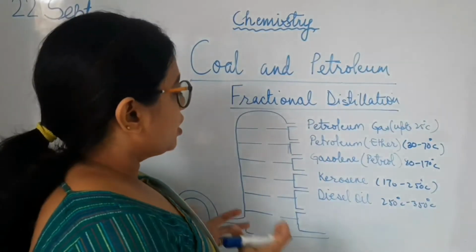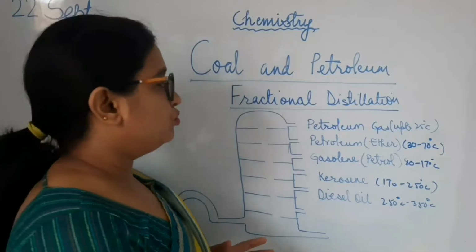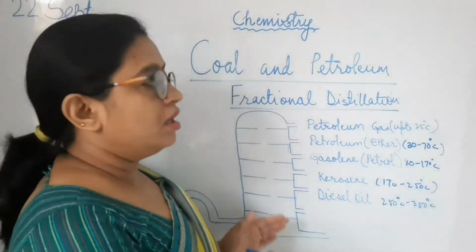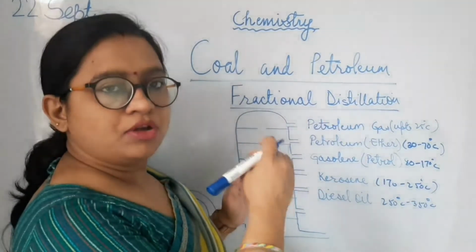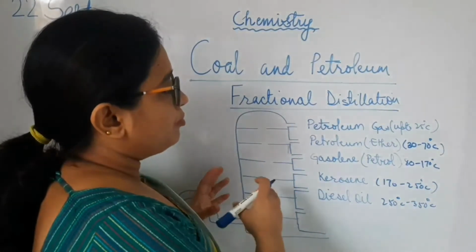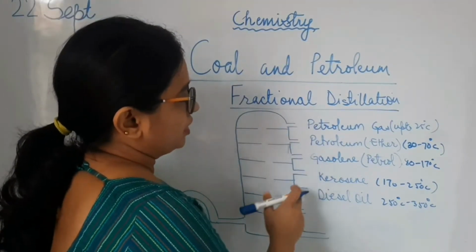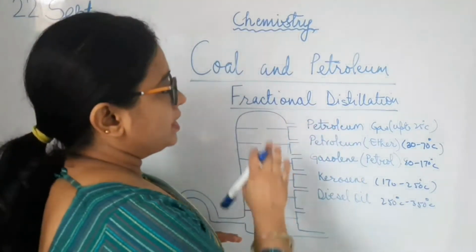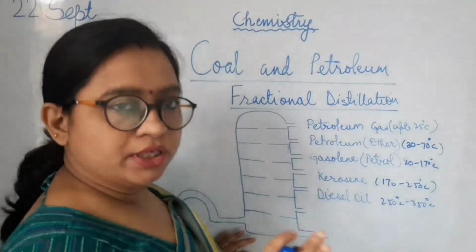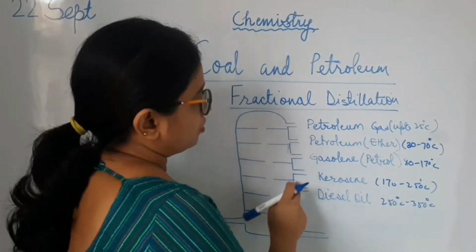So what is happening when we subject the petroleum, that is crude oil, to the fractionating column? At the different temperatures of the fractionating tower or column, the different products get evaporated and they get separated through these outlets. They are heated up, forming vapors, and at their boiling point they get separated and collected through these outlets.